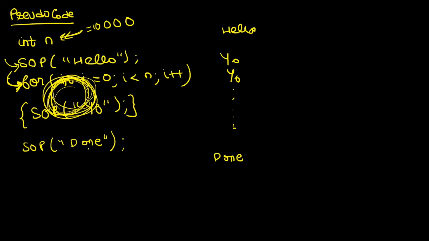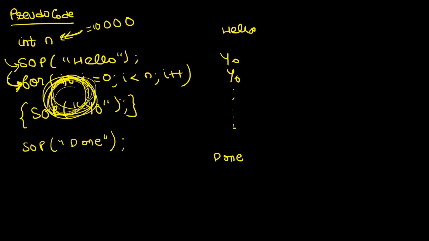So do you all agree that the loop is the major time taking portion of your program? Where will you spend most time? You will spend most of your time in the loop. You keep looping and you will be printing. So the major time contributing factor of this code is this loop, the SOP yo that I am printing.